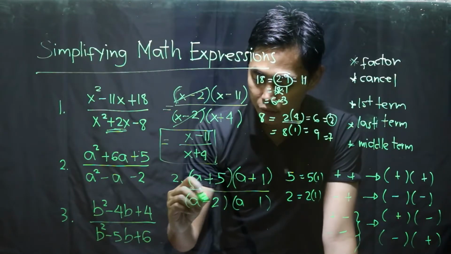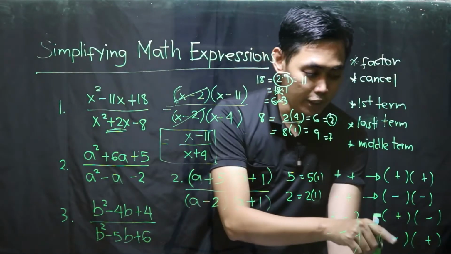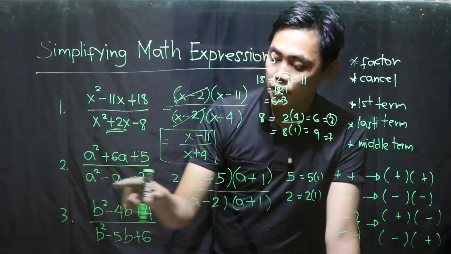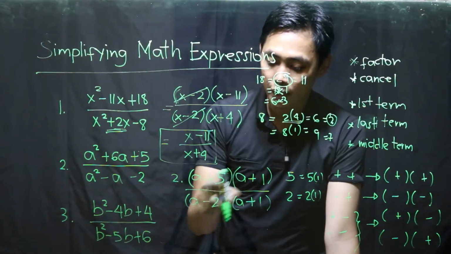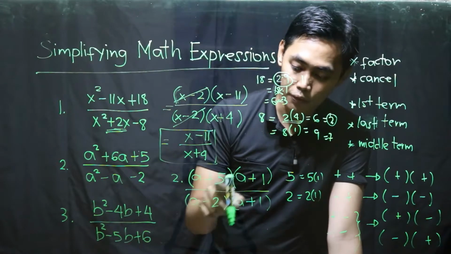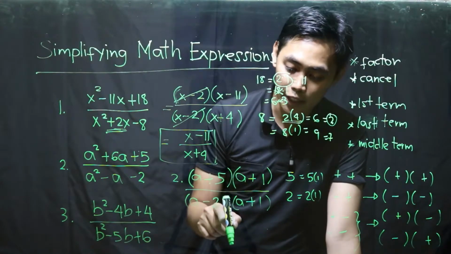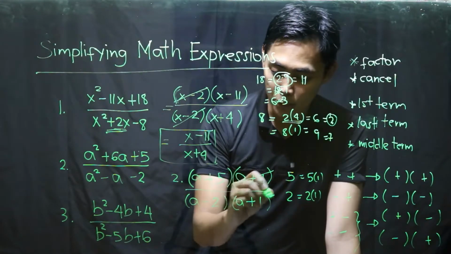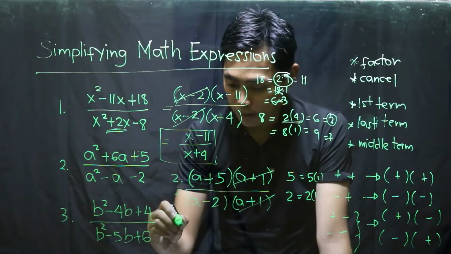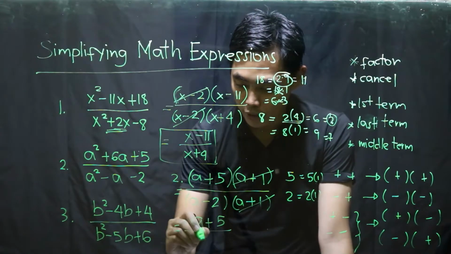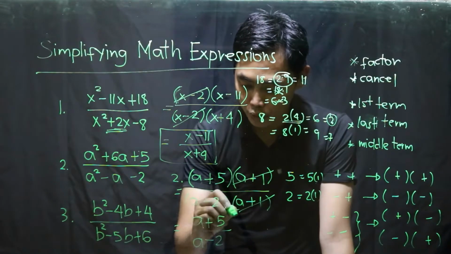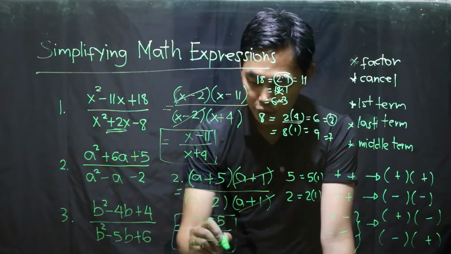So we have negative 2, positive 1. This is our answer. Look at the equation to see if there is something that we can cancel. There is a plus 1. So our final answer is a plus 5 over a minus 2.